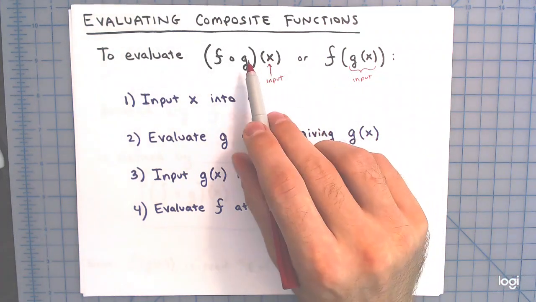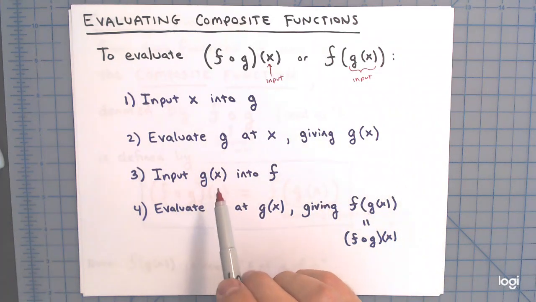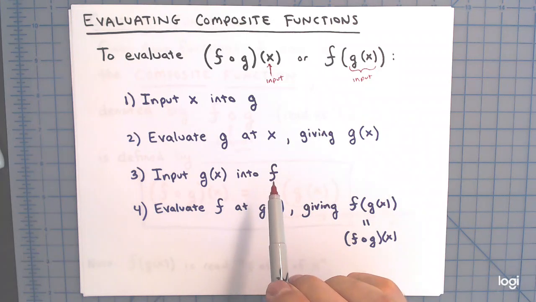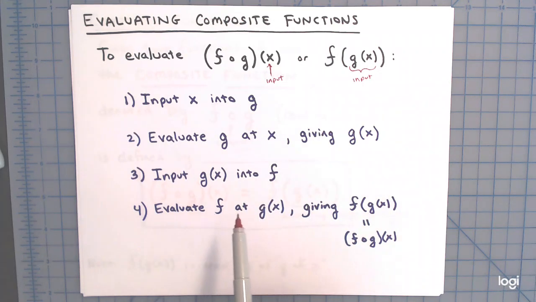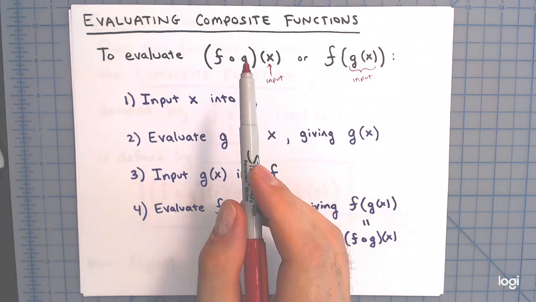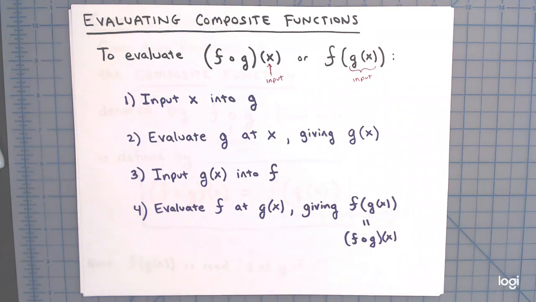So x goes into g, and then I find g of x, and then I take that output g of x and make that the input of the next function over, f, and then find f of g of x. So you can say it's going from right to left or from inside out, however you want to think about that.